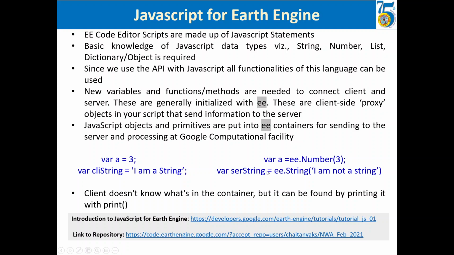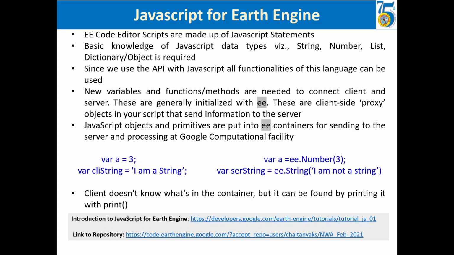If you don't intend to send it to the server, and you just want basic script writing, you can do that. But geospatial analysis essentially involves making use of Google servers. Google Earth Engine is designed in that way. So we have to have the knowledge of Earth Engine objects and methods.